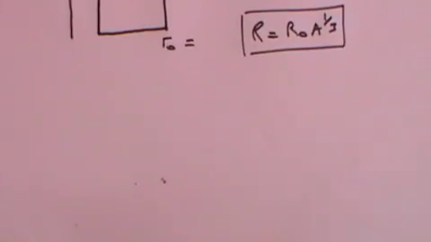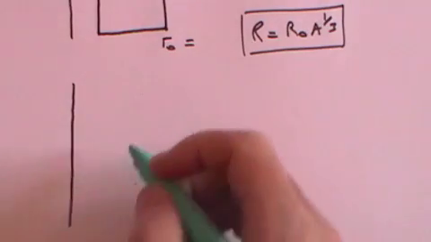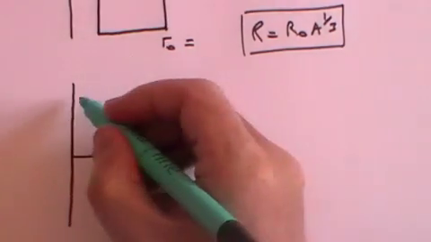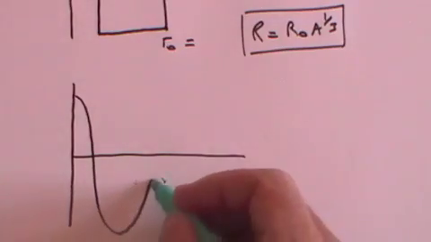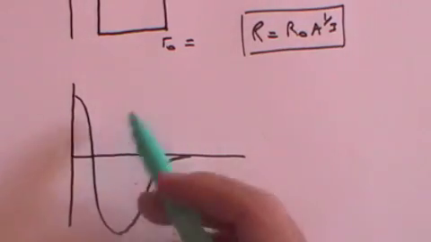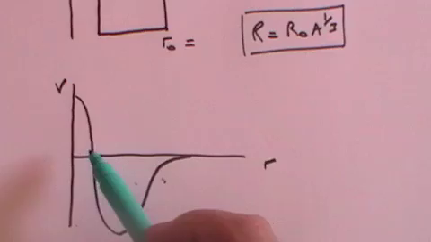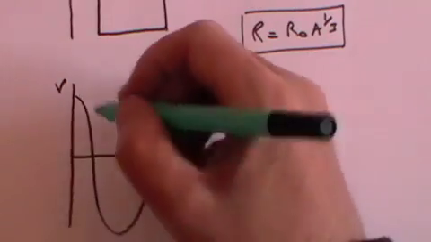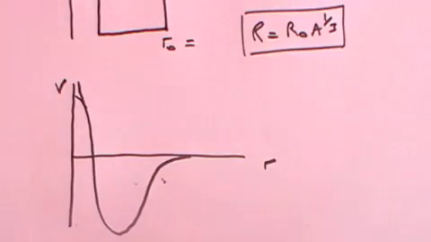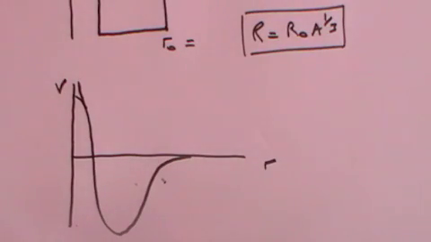In practice, of course, the potential is not quite as square as that. It will look something like this. Here's the repulsive potential. This is the potential, and this is separation. The repulsive potential, which probably goes up to infinity rather than curving off, stops the proton and the neutron from colliding. Here is where you have an attractive force, and then it tapers off to 0.